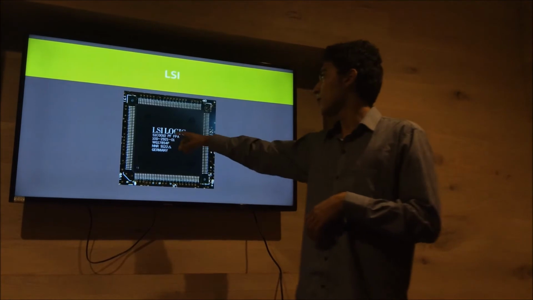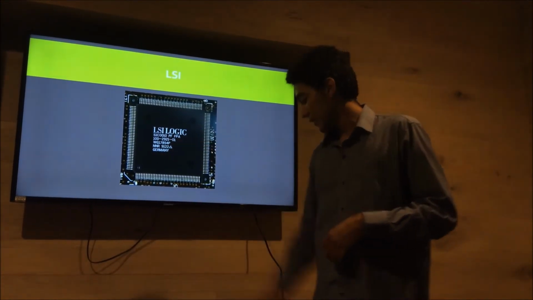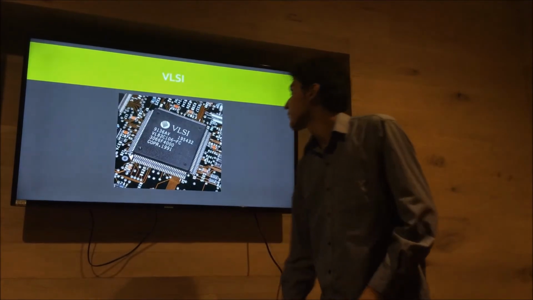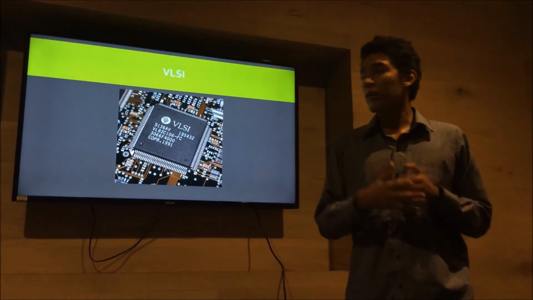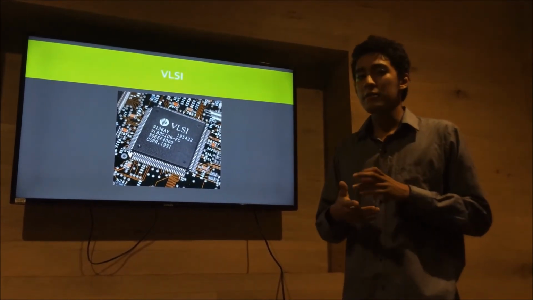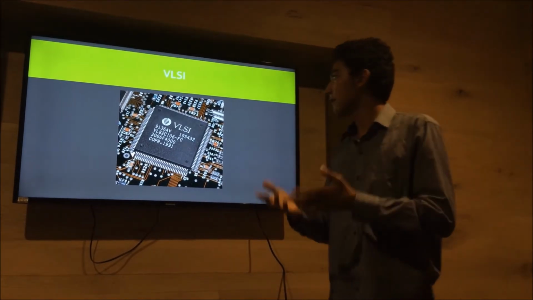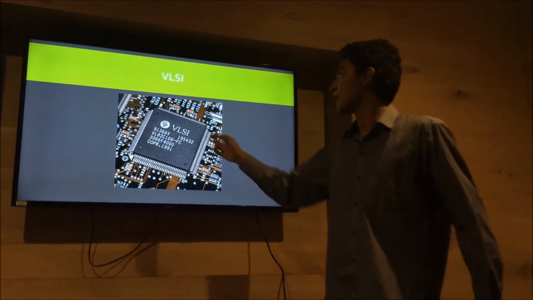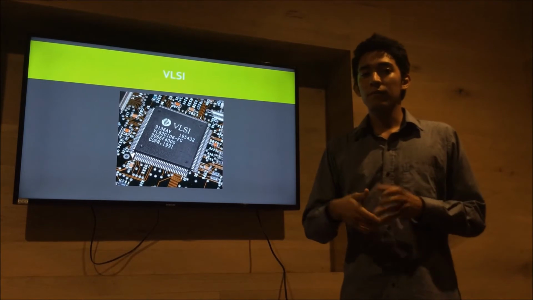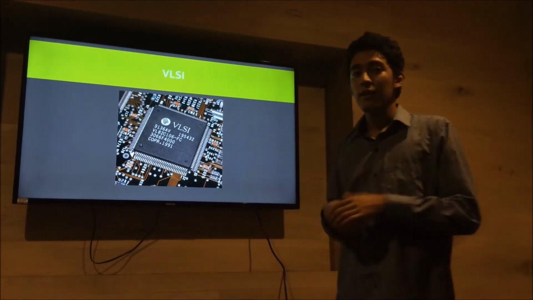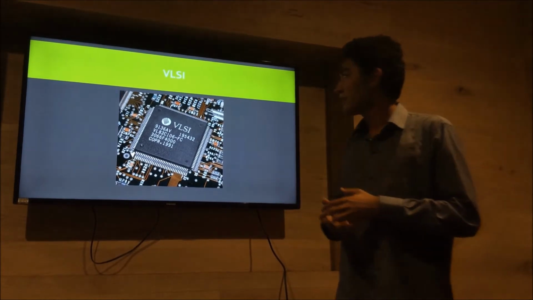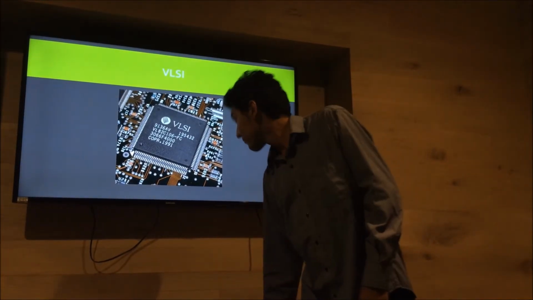100 of gates only in these kind of circuits. And then from medium we have the large, and from the large we have the very large, which means that instead of hundreds we will find thousands of gates. Can you imagine that? It's a lot.